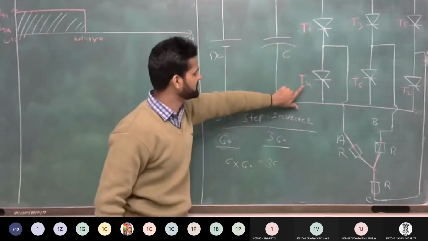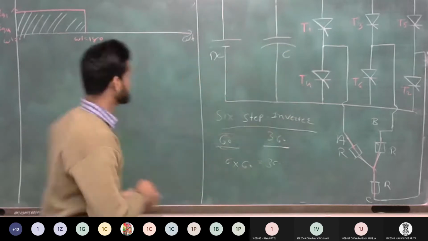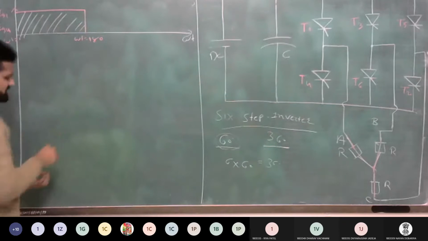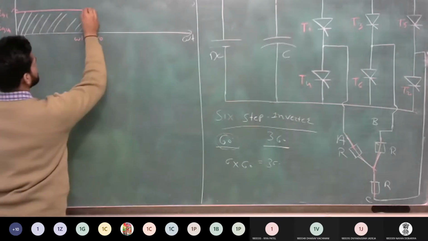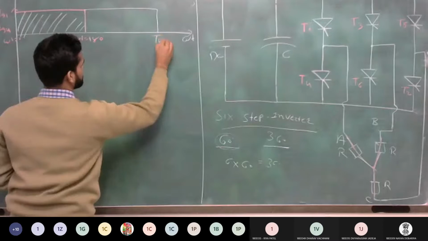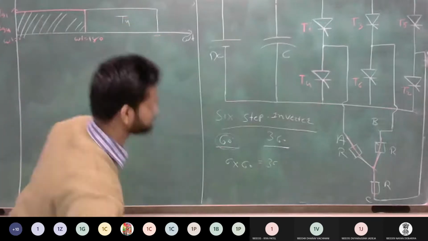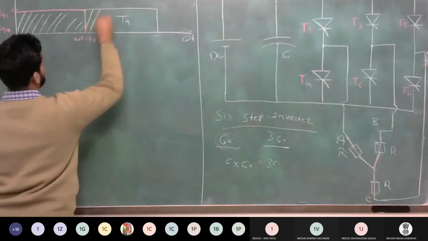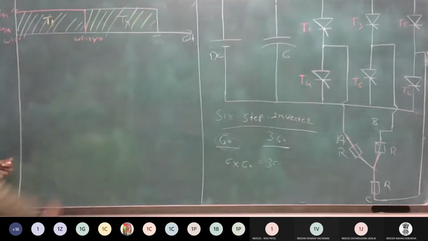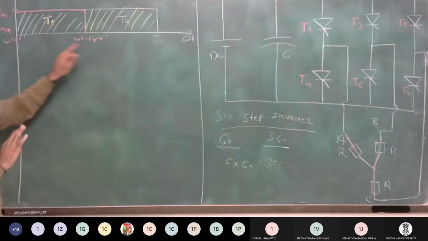An exactly complementary gate pulse is given to thyristor T4. It means when thyristor T1 is off at 180 degree, turn on thyristor T4. So this is the duration where T4 is on, and this is the duration where T1 is on. Now, is all of this clear? Gate pulse of T1 and T4.